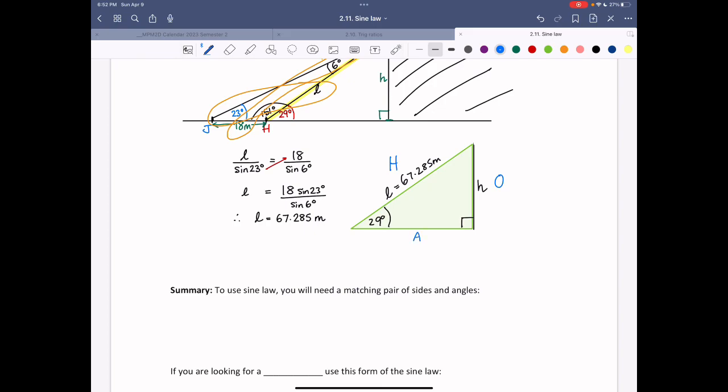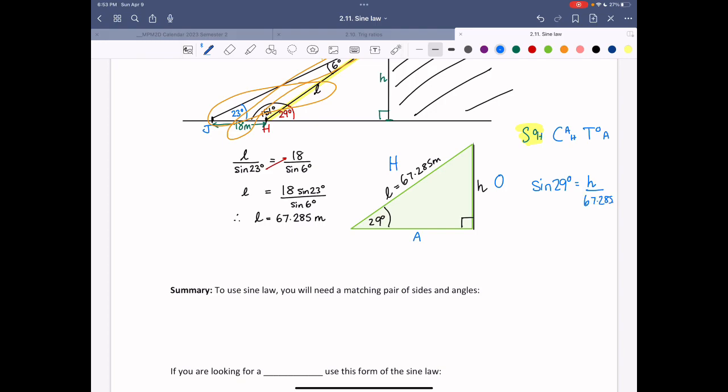So I'm using the O and the H, and remember SOH CAH TOA. Therefore I need to use opposite and hypotenuse, so it would be sine. So in this case it will be sine of my angle 29 is equal to the opposite, which is little h, over my hypotenuse length, which is 67.285.